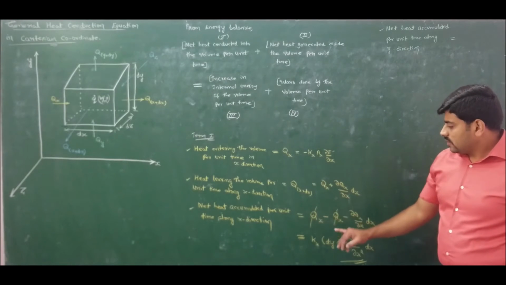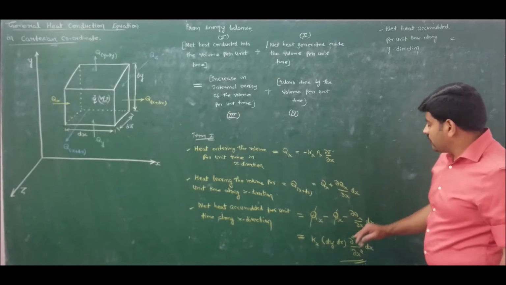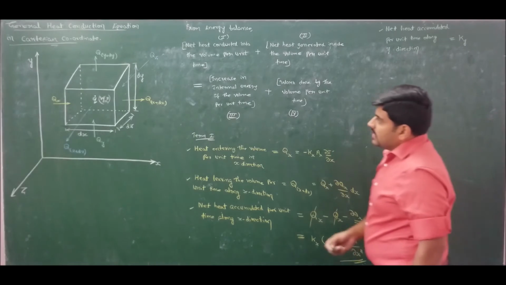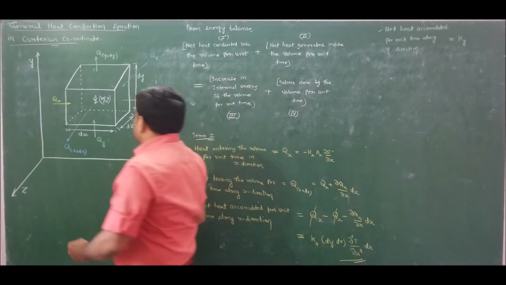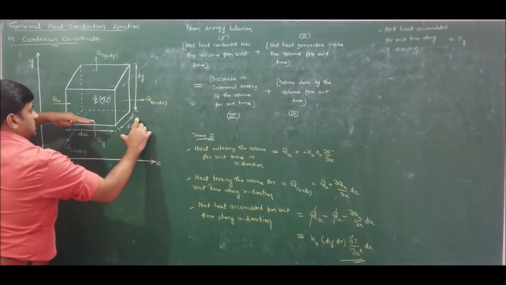I will cancel off qy and qy, so the remaining is this one. Minus of minus is plus. I will get the thermal conductivity along the y direction. Now the area perpendicular to the y direction will be dx dz.